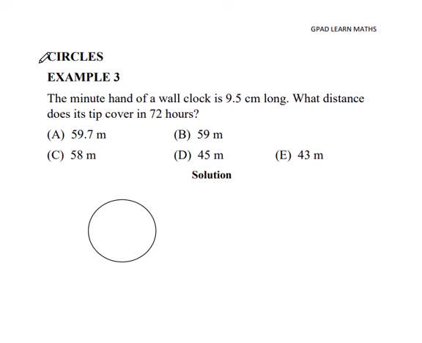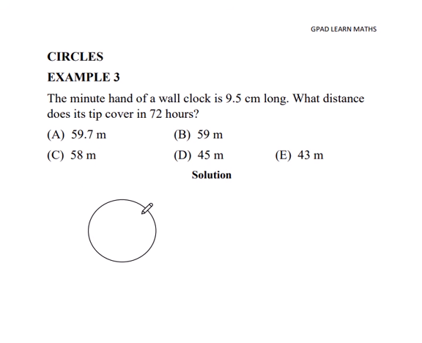So all we need to do is find the perimeter or the circumference of the wall clock. Notice that the assumption here is that this clock is circular in shape. Once I've gotten that, all I have to do next is to multiply that circumference by 72, since this minute hand will go around this clock 72 times.